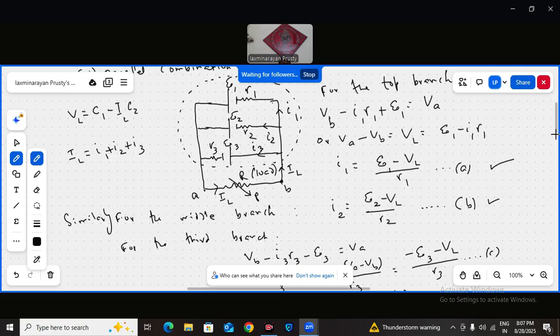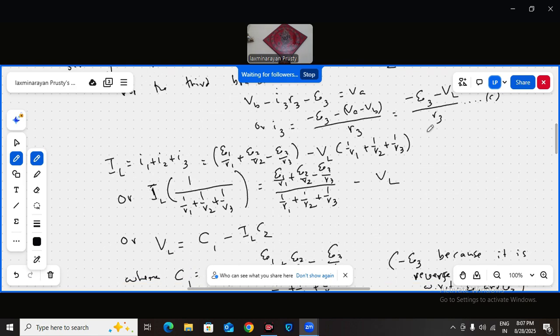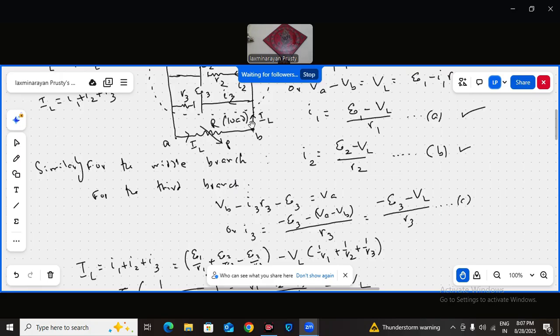Now let us see the third branch. Going from B to A through the lower branch: VB minus I3 R3 minus E3, both are minus because I am going from plus to minus, is VA.